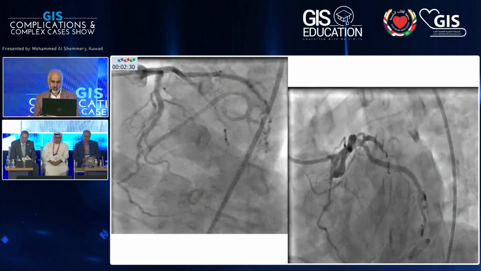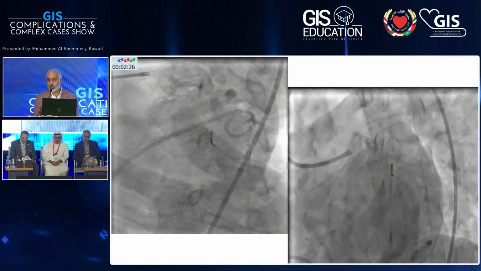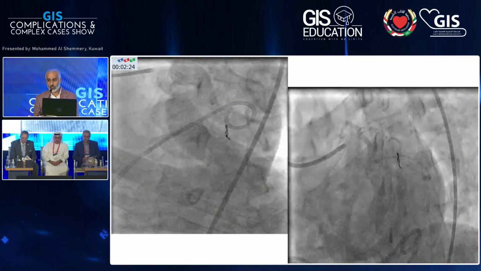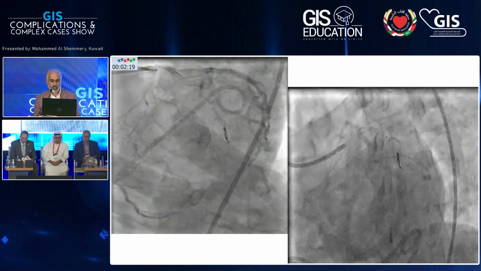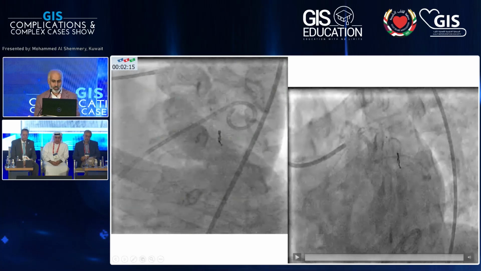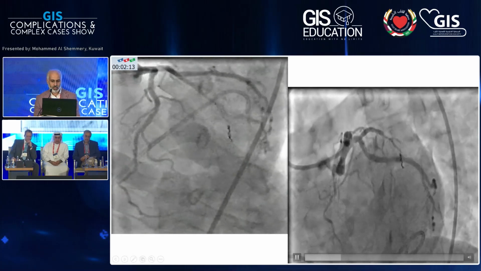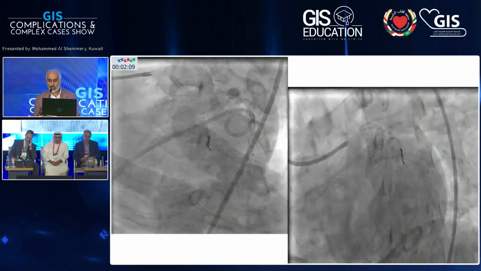So we released it on the picture on the right, and we took a picture. We're always taking pictures through the guide, not injecting through the microcatheter, just so that you don't propagate the perforation. In this final picture there was no further extravasation, and the patient was hemodynamically stable with no symptoms.